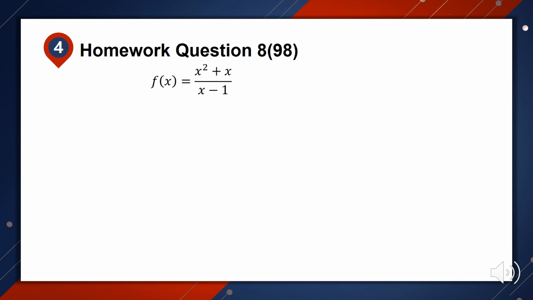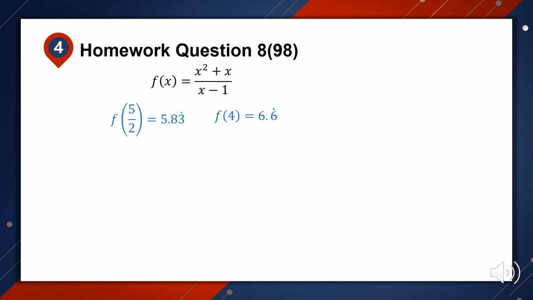f of x is equal to x squared plus x over x minus 1. f of 5 over 2 is equal to 5.83 with the 3 repeating. And f of 4 is equal to 6.6 with the 6 repeating.